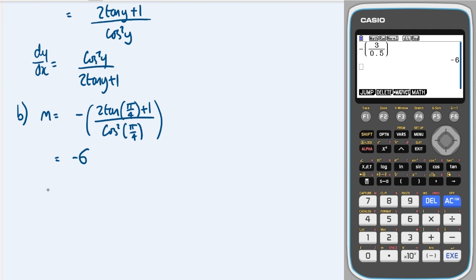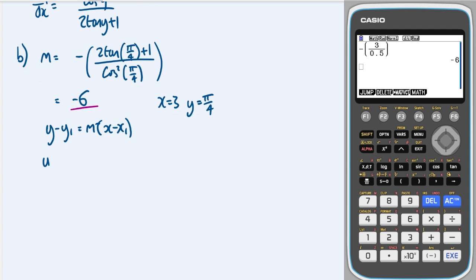Right, so I've got my y minus y1 equals m (x minus x1). Well, I've got m is equal to minus 6. I've got x was equal to 3 and y was equal to pi over 4. So we're going to get y minus pi over 4 is equal to minus 6 (x minus 3). We're going to multiply through by 4, I think.